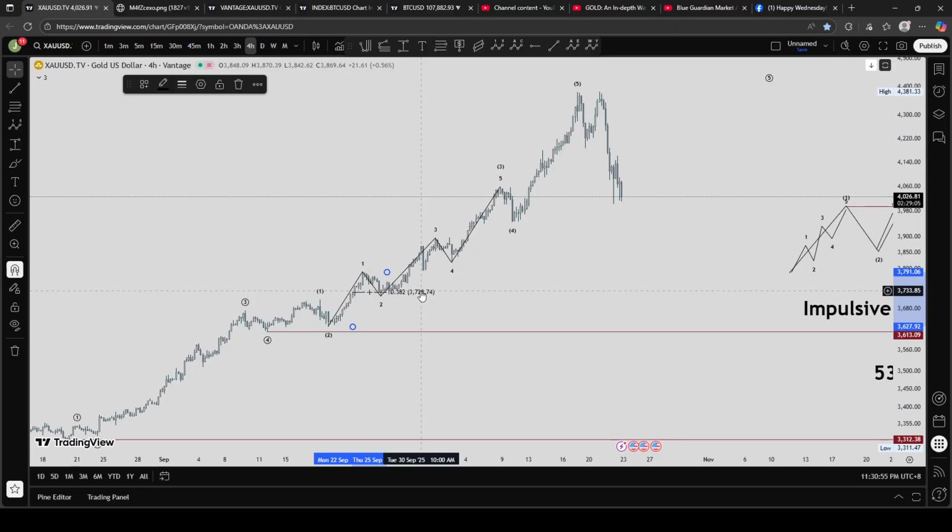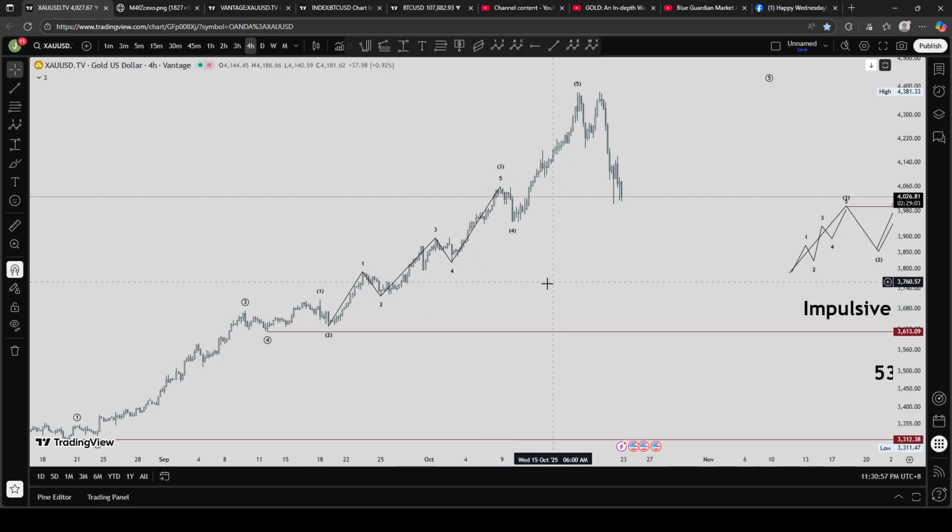Now, we have satisfied the first cardinal rule of Elliott wave theory. Now let's proceed to the second rule. Can anyone tell me the second cardinal rule of Elliott wave theory?